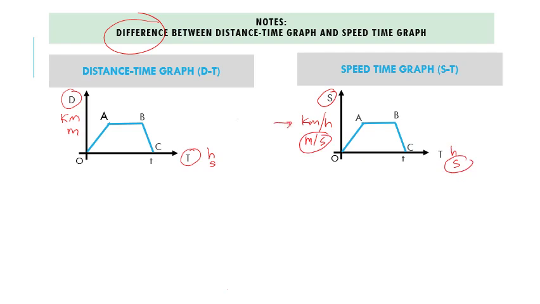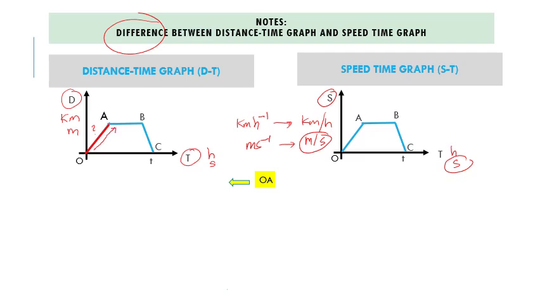And this one also can be written like this, power -1. This one is the same thing. Okay, let's see the first graph, that is the OA. So for distance time graph, what does this mean? As you see, this graph is going up.